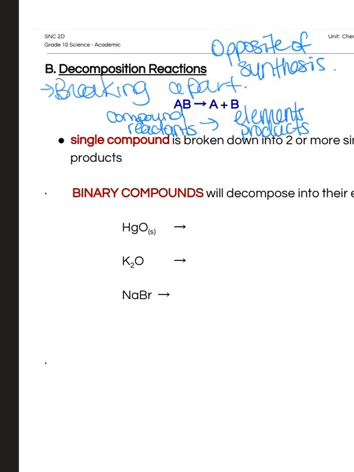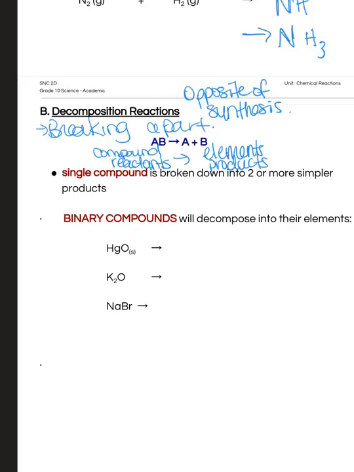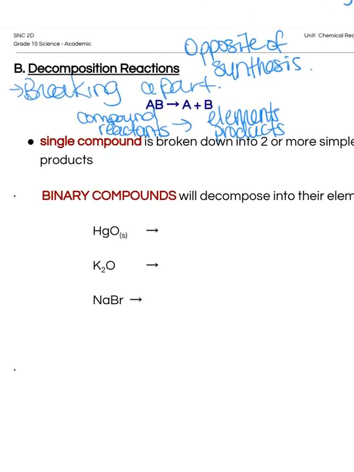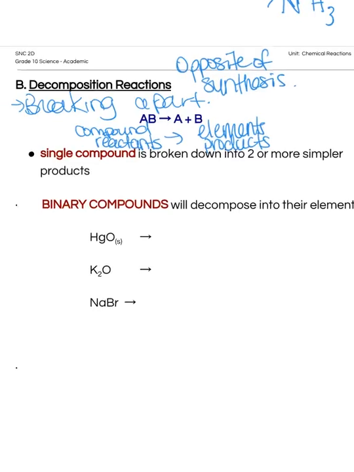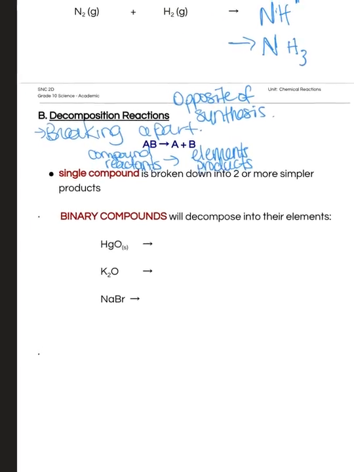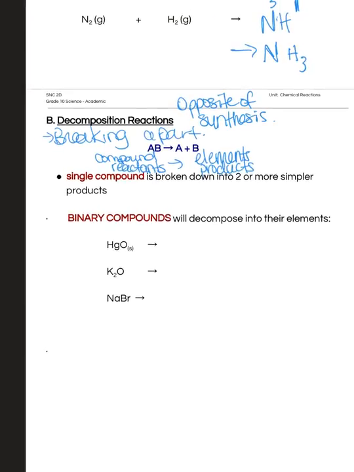Basically what's going to happen here is that single compound is going to be broken down into 2 or more simpler products. In binary compounds, what will happen is that they're going to decompose simply into their elements. Remember, binary is just a fancy word for something that has 2. So 2 element compounds. Okay, bi means 2.